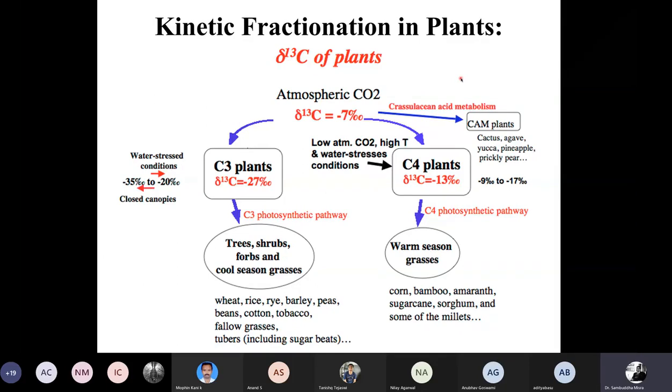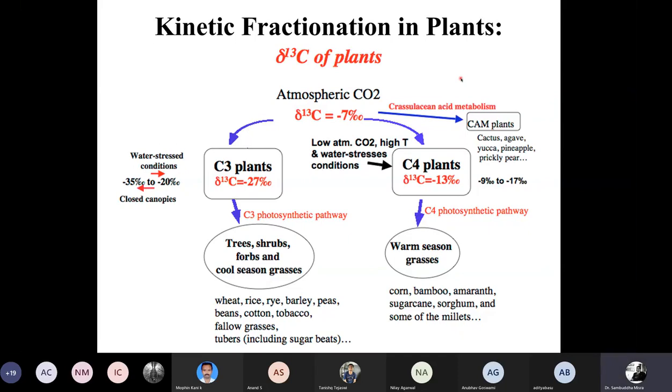This is an overview of what we observe in nature. The atmospheric delta 13C value is -7 per mil, and it's dominantly controlled by the degassing of the mantle. The mantle itself is sitting at -7 per mil. So atmospheric composition is controlled purely through mantle processes.